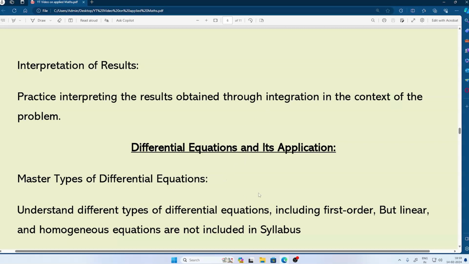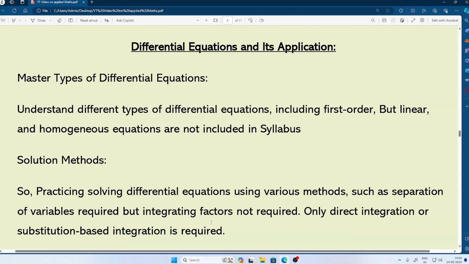Differential equation: formation of differential equation is there. Degree and order of differential equation are always there, but linear and homogeneous equations are not included in the syllabus. Please don't be confused. Many students throughout the year have asked me, and I have answered. The linear homogeneous differential equation is not in the syllabus, so don't practice any sum from there. Don't waste your time over there.